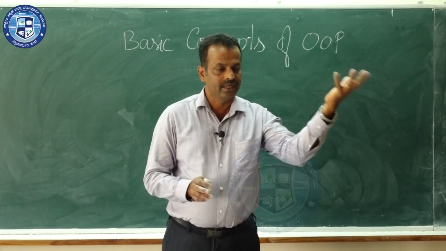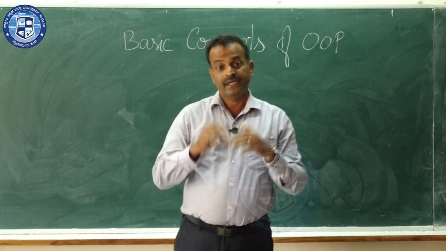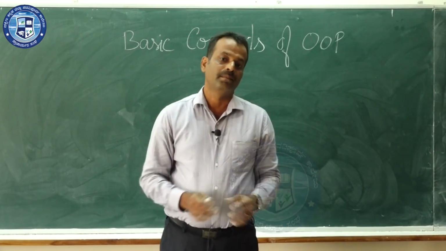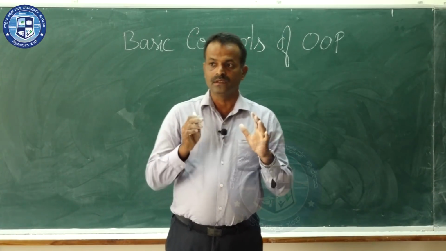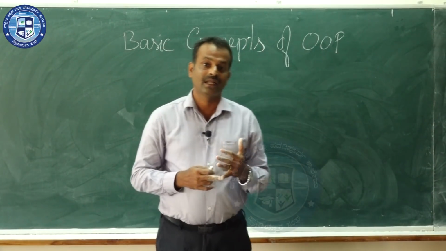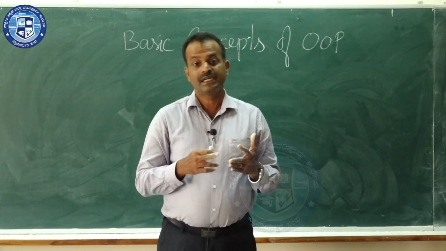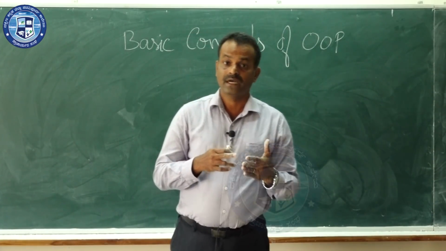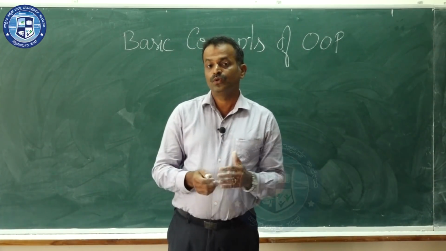It's not that it will inherit from only a single class; it can inherit from multiple classes. Based on this, inheritance is classified into single level inheritance, multi-level inheritance, multiple inheritance, hierarchical inheritance, and hybrid inheritance. So you have different types of inheritance.